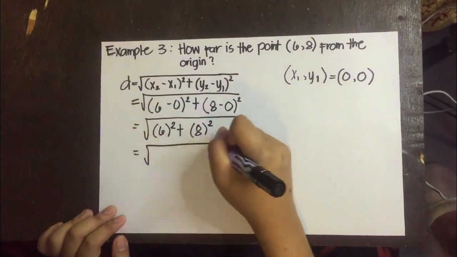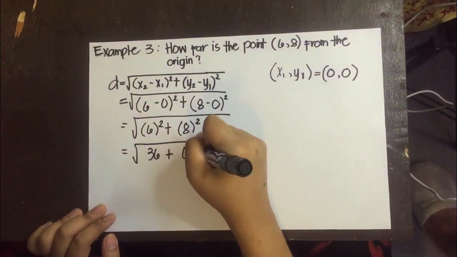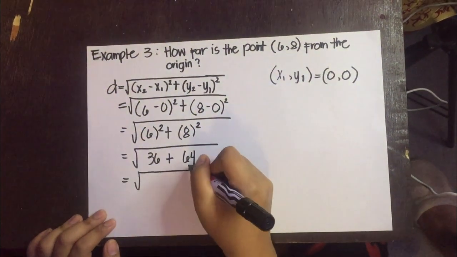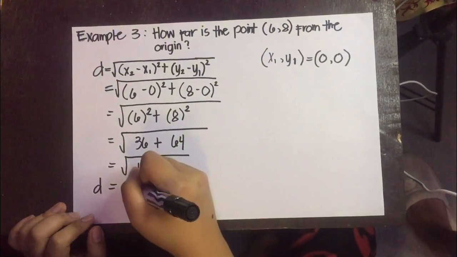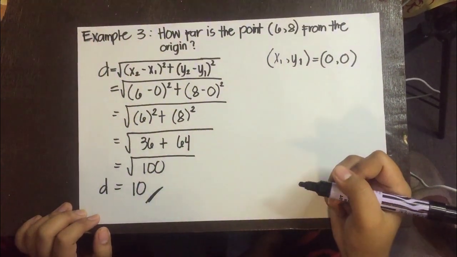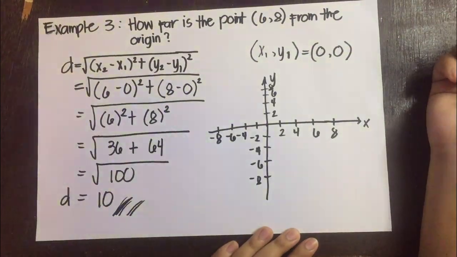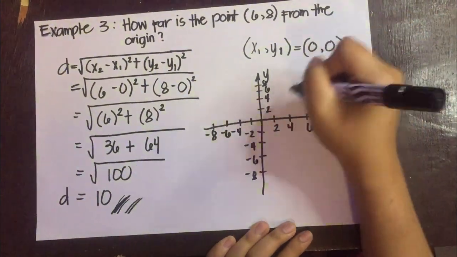So the square root of 6 times 6, which is 36, plus 8 times 8, which is 64. So the square root of 36 plus 64 is equal to the square root of 100. The square root of 100 is equal to 10. So this would be our distance between the origin and 6 and 8.